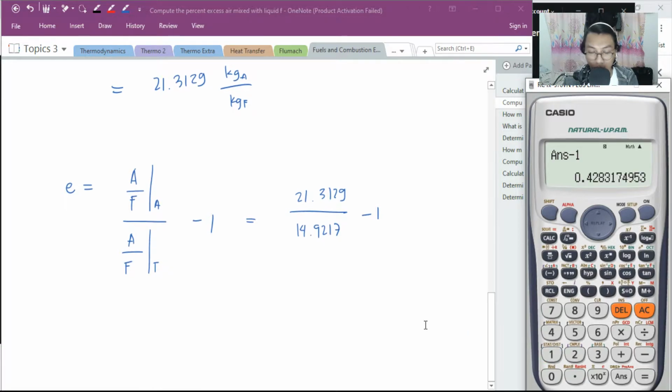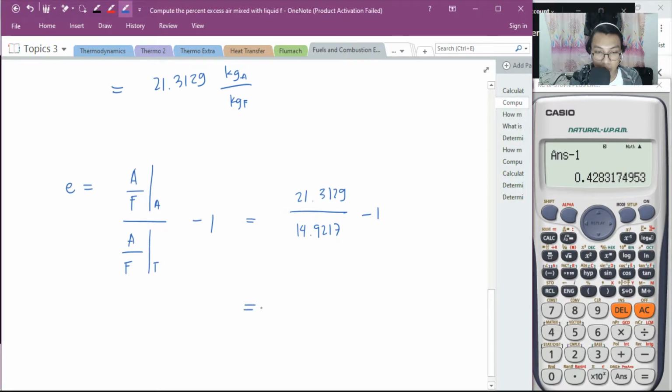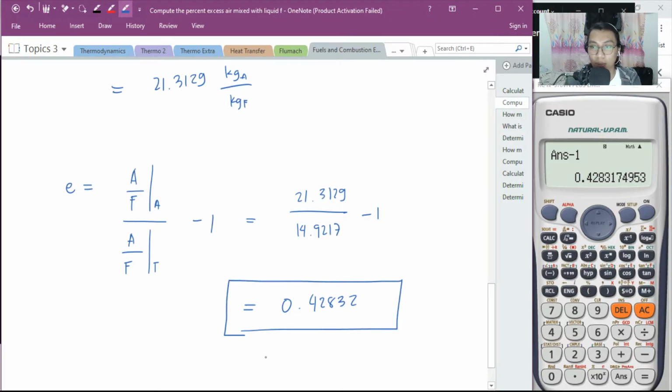The answer is 0.42832. That is the excess. Okay? How about problem number 3?